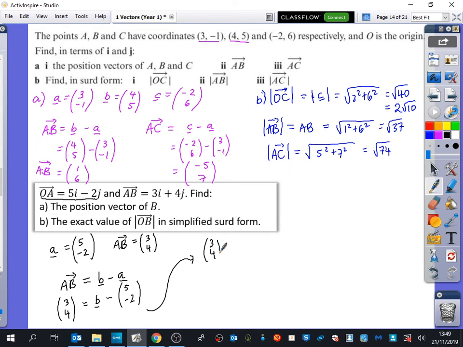I then get (3, 4) plus (5, -2) is equal to B, which tells me that B is (8, 2). So that was one of the ways that we could solve that. Once you finish writing that, I'm going to show you a different way that you could imagine this question, okay?